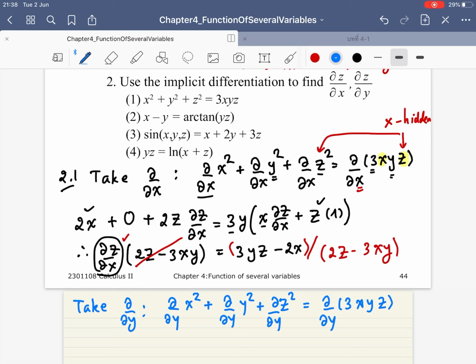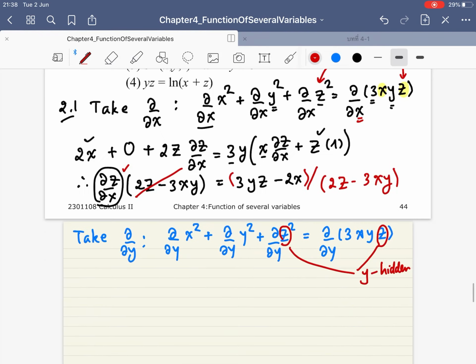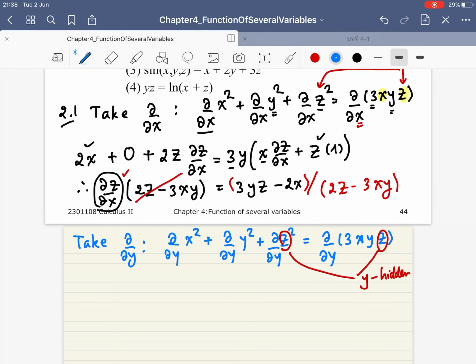Okay, so now your z in this context has y hidden. So here the first one, because you got a y, your x is a constant, and the second one you simply got 2y.